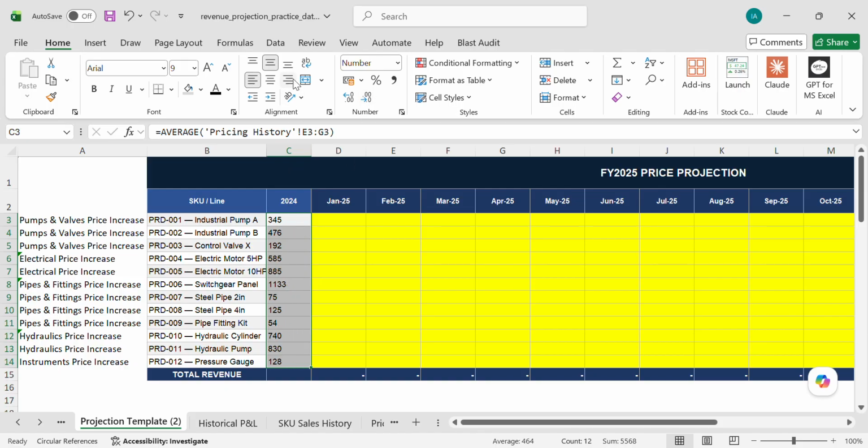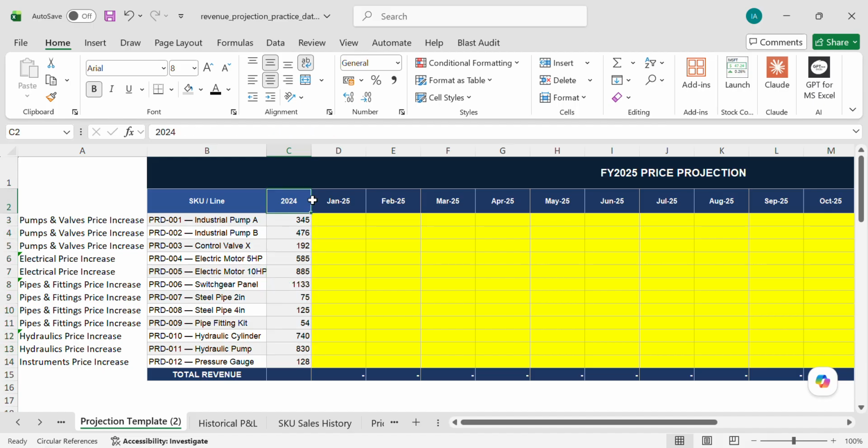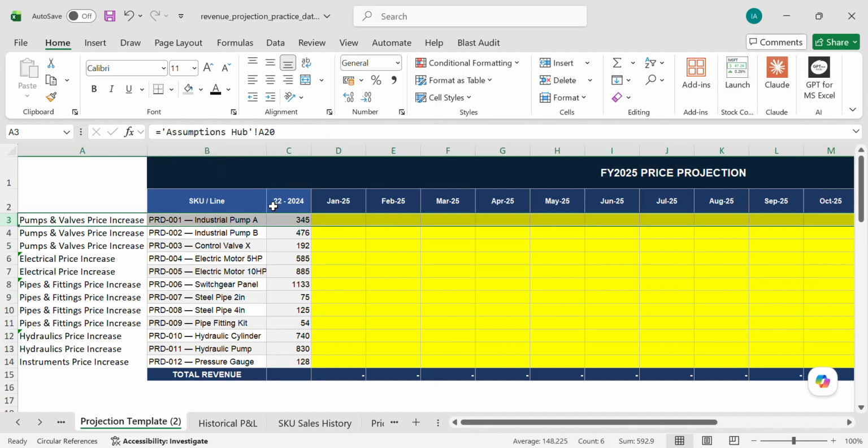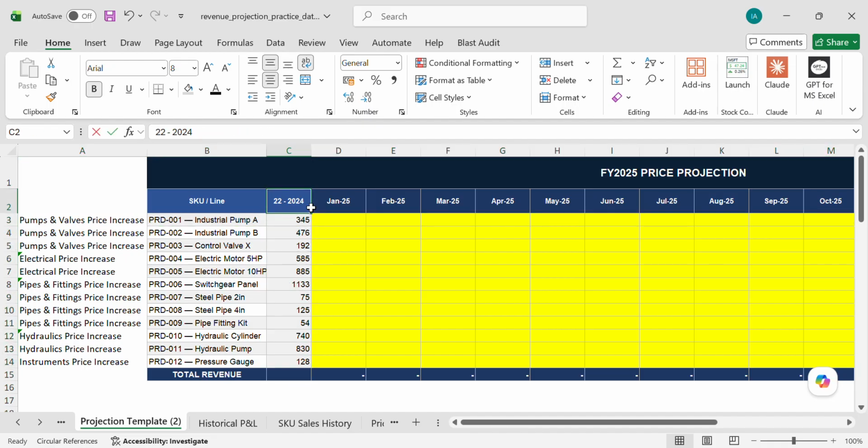So this is the price I'm using for those 3 years, let's say from 2022 to 2024, which will be my baseline. This is my base. Now I'm going to use this as my yardstick.